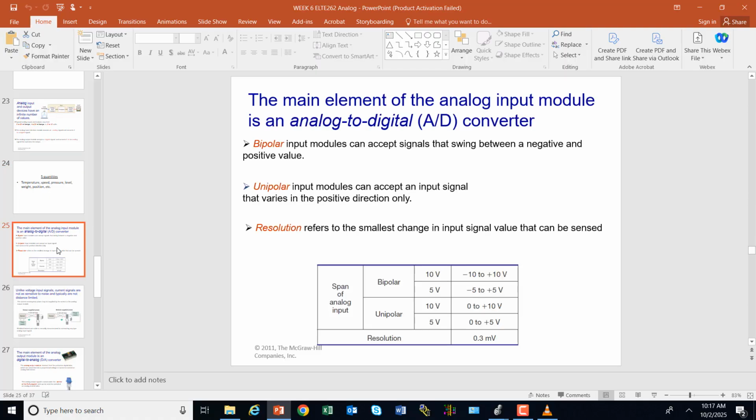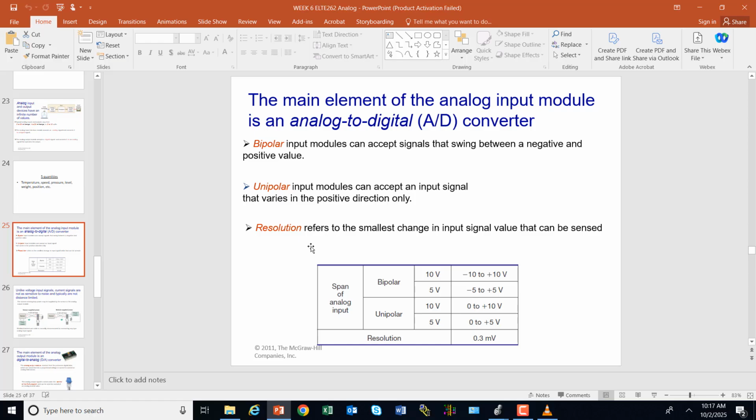Just depends on what kind of resolution you want or what kind of resolution you need. The main element of the analog module is an analog-to-digital converter, A to D converter. So a couple terms: bipolar can accept signals that swing between negative and positive. We're not necessarily using that today. This week and in the coming weeks we're using 4 to 20 and 0 to 10. Unipolar is what we're doing. We accept in the positive.